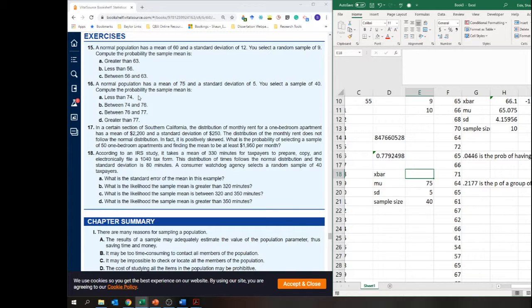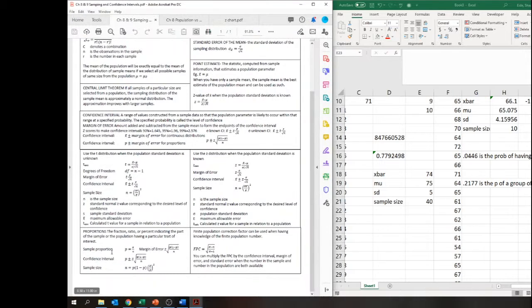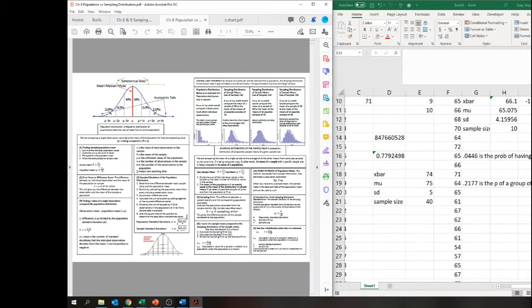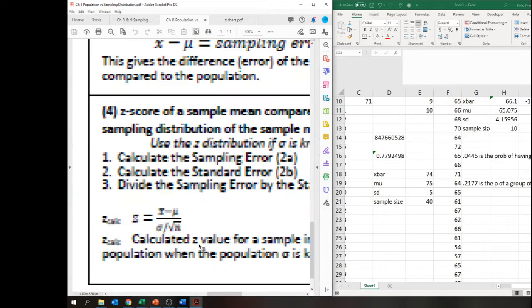Okay, so the first one that we have is 74. So we're going to do the same exact thing, same formula. So we've got this formula right here.